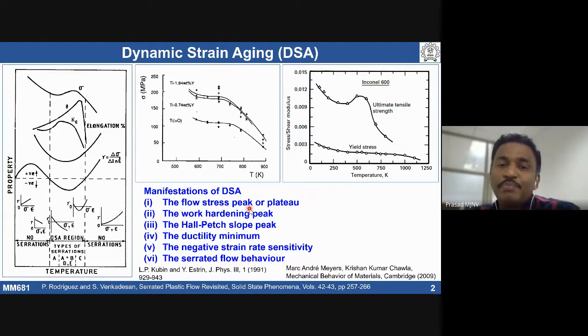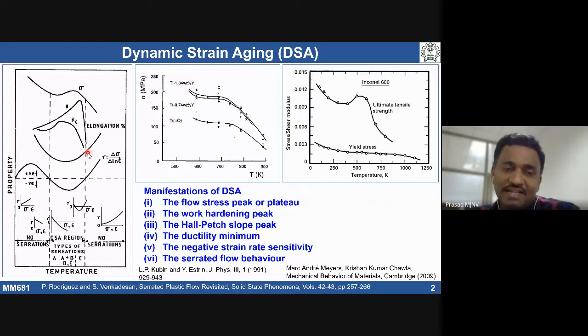Apart from the flow stress peak and plateau, the work hardening rate increases, and the coefficient K can also increase. The ductility decreases, which is a major problem. Whenever there is a rise in stress during deformation with increasing temperature, it can be accompanied by reduced ductility.